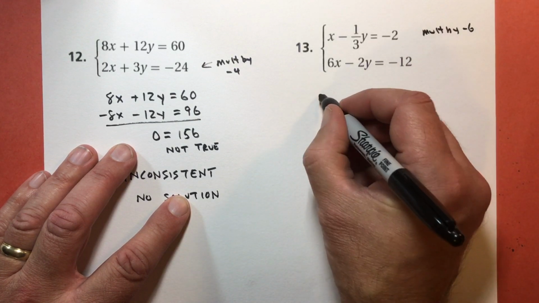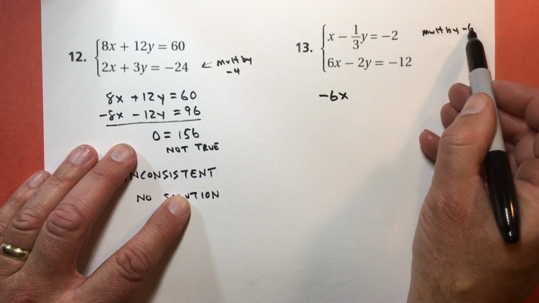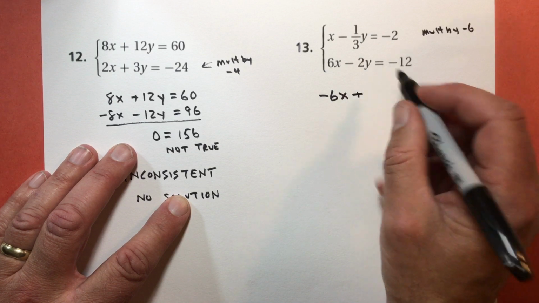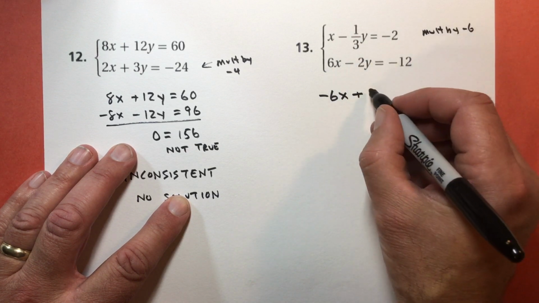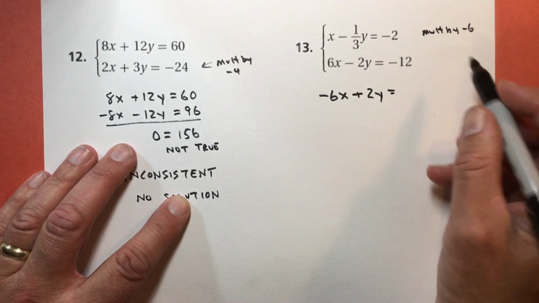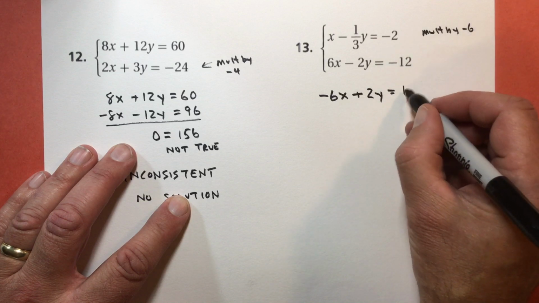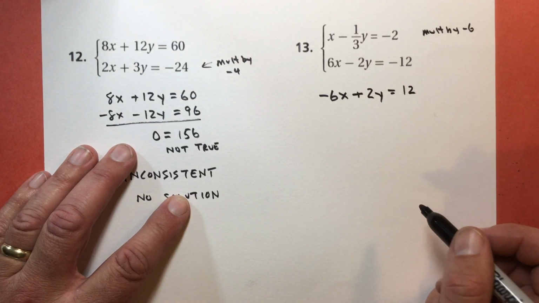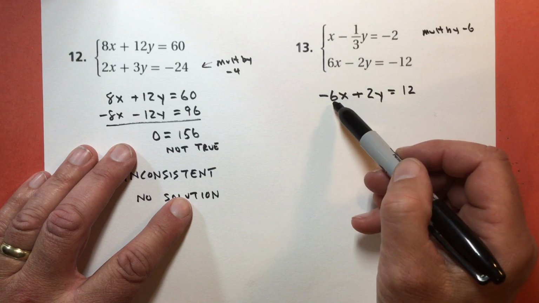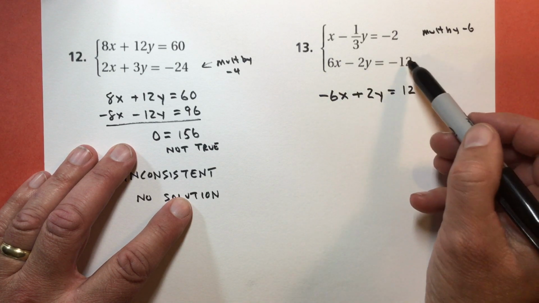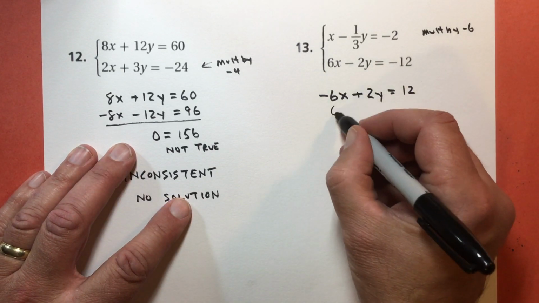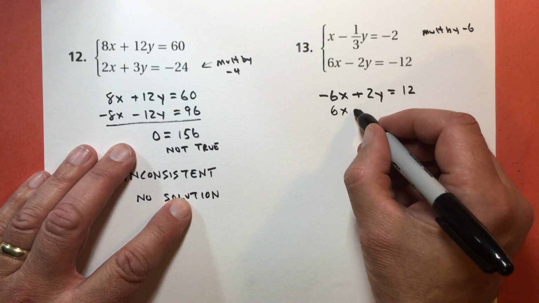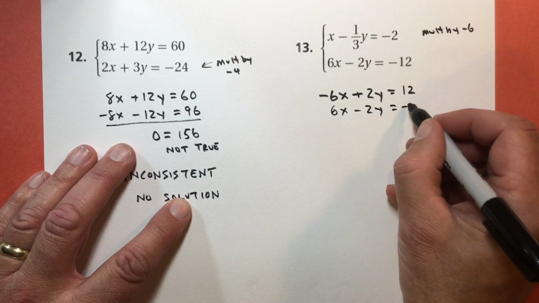So I get negative 6x. Negative times negative is a positive, and 1/3 of 6 is 2y. Negative 2 times negative 6 is positive 12. Look what happened. 6x, negative 6x, negative 2y, positive 2y, negative 12, 12. Everything is going to be eliminated.